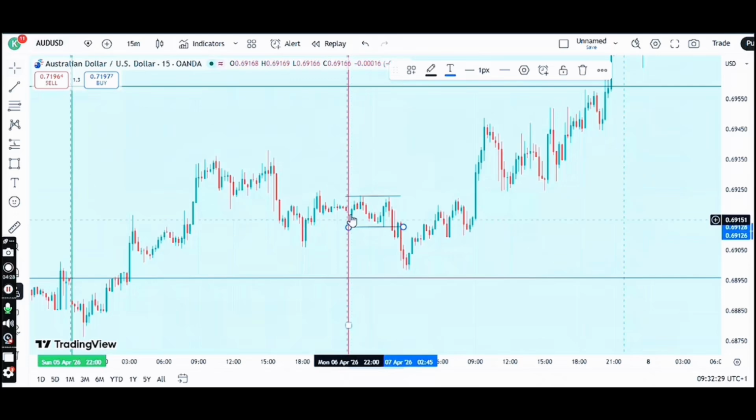So after this consolidation formed in Asia session, since I'm expecting a bullish movement, I'm expecting the market to first of all break this particular range created by this Asia session down to create the low of Tuesday candle. That is the manipulation.